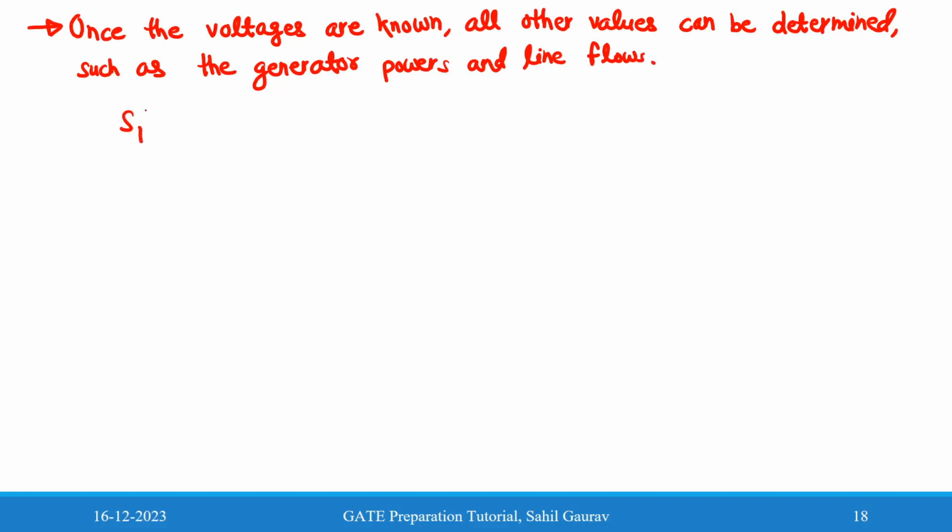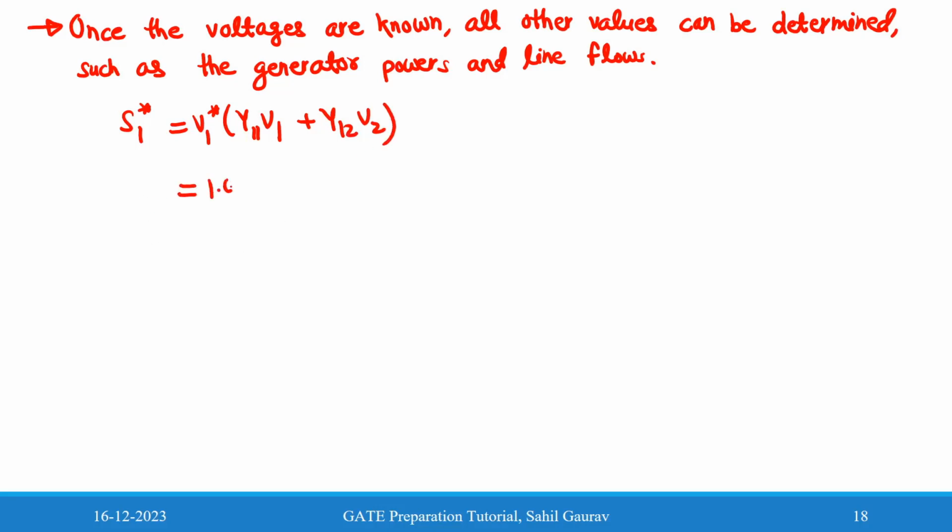So first we are finding the generator power S1 conjugate. We know that S1 conjugate equals V1 conjugate times (Y11 V1 plus Y12 V2).